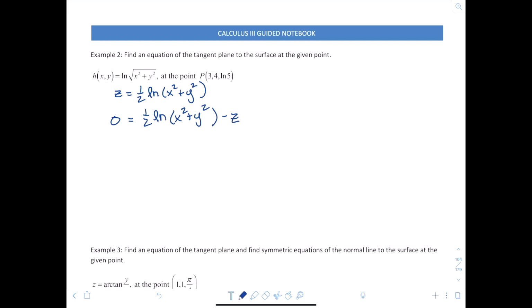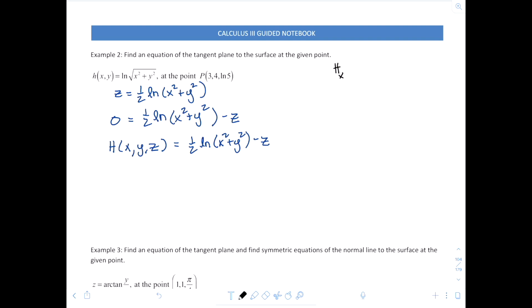And so if we make capital H of x, y, and z equal to 1/2 times natural log of x squared plus y squared minus z, let's find those partials, okay?